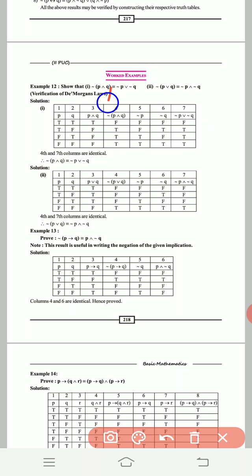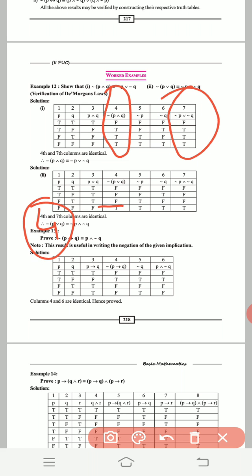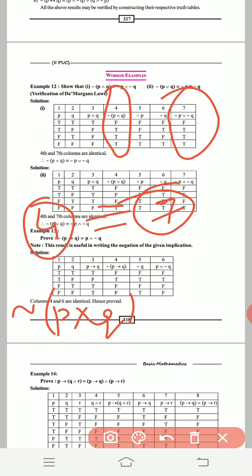Okay, now observe the fourth column and the seventh column. Both are the same. Therefore, the fourth column is logically equivalent to the seventh column. Both are identical. Therefore, negation of (P and Q) is logically equivalent to negation P or negation Q.